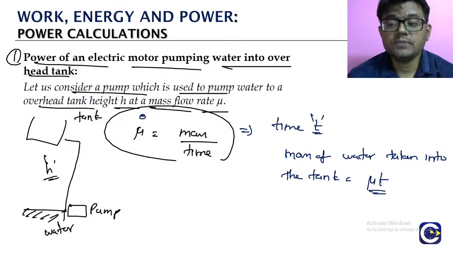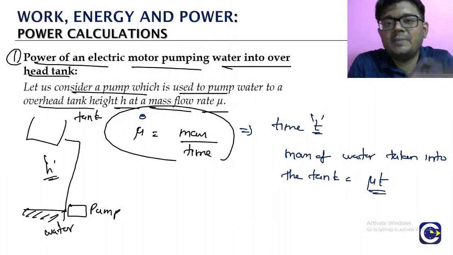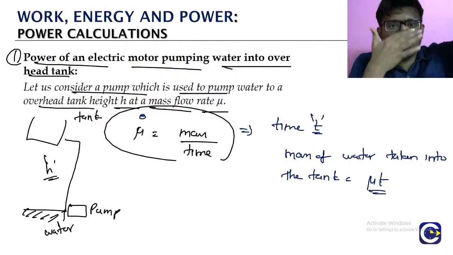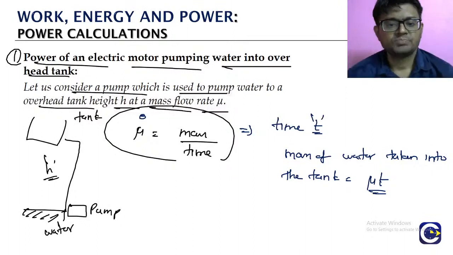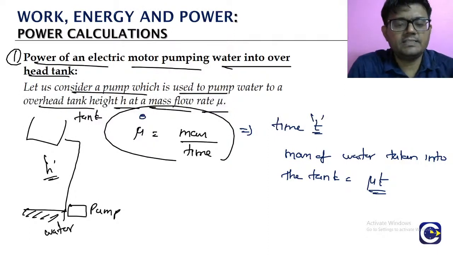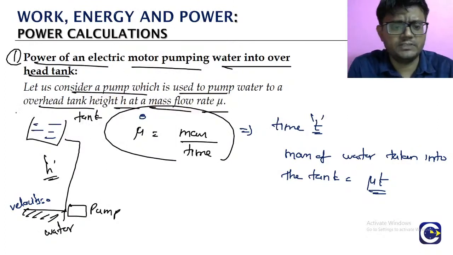Okay. Now what is actually happening here? Understand, from the surface we are taking the water and then the water is going into the overhead tank. Initially when it is below in the reservoir or something, its velocity will not be there. Still water, right? It will not have any velocity. When it is taken into the overhead tank also, it will not have velocity.